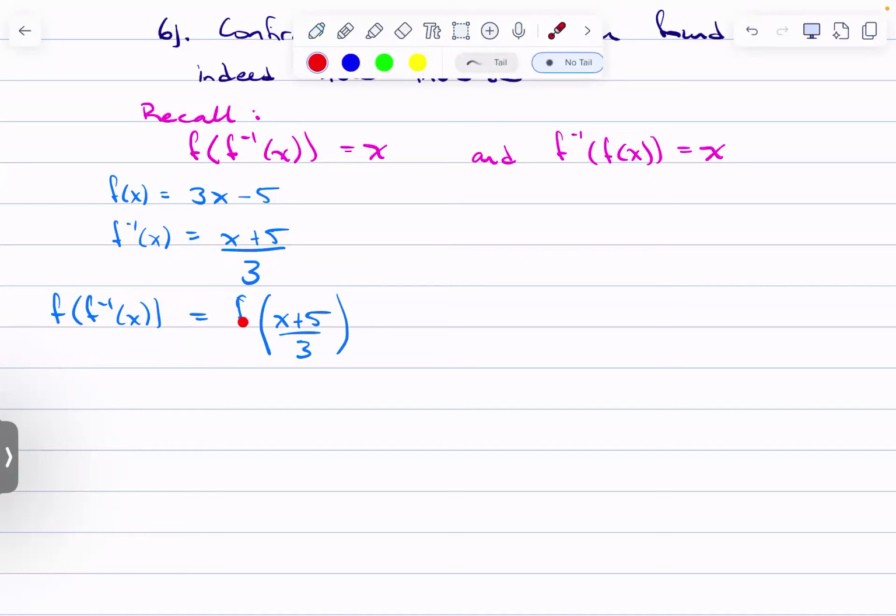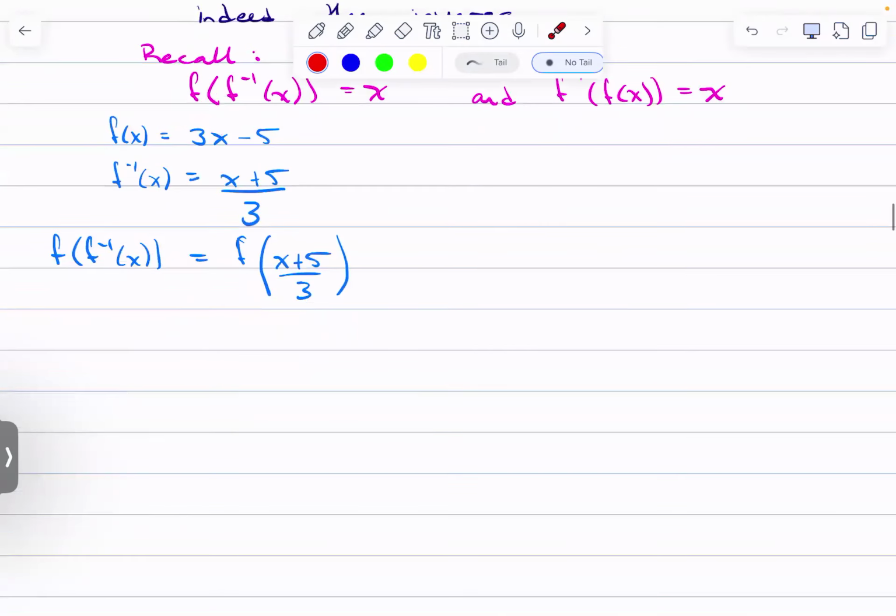Now in the original function, wherever I see an x, I replace it with x plus 5 over 3, all as one thing. Careful about that. So then I get 3, and I'll use big square brackets just to highlight that it's its own thing, then minus 5. Ah, looks promising. 3 over 3, that's going to cancel.